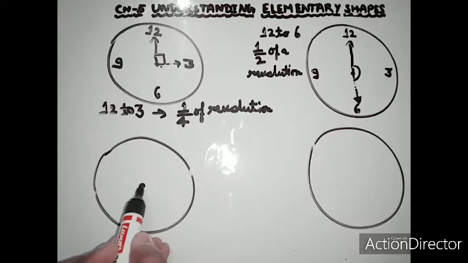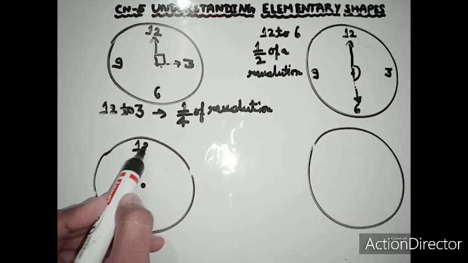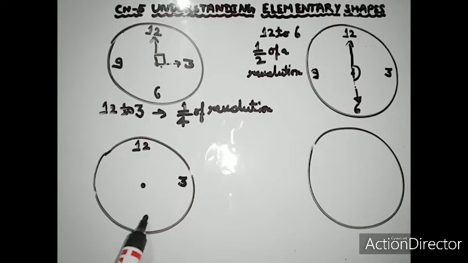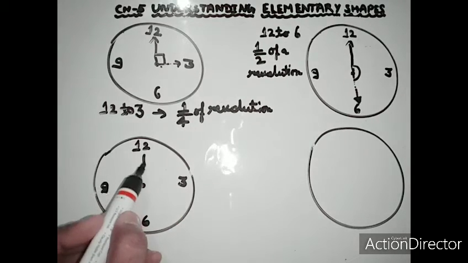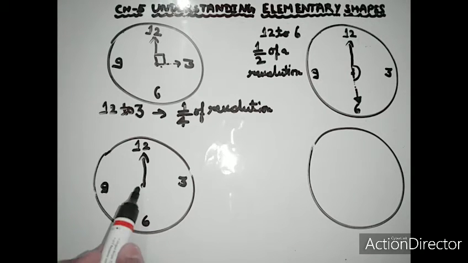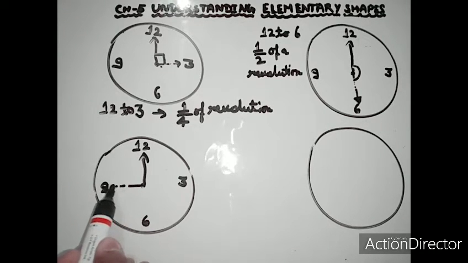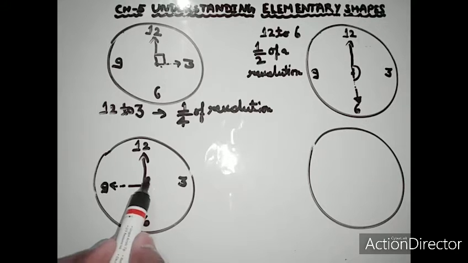When the minute hand moves from 12 to 9, it moves 3/4 of a revolution, right?